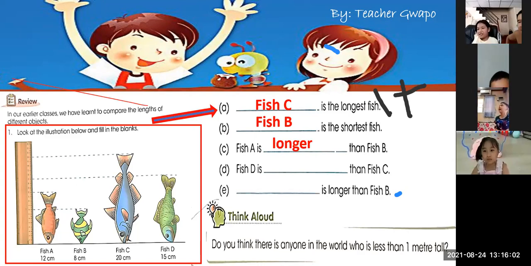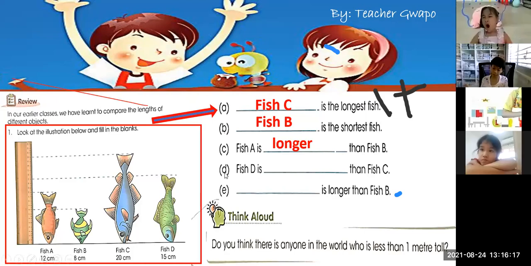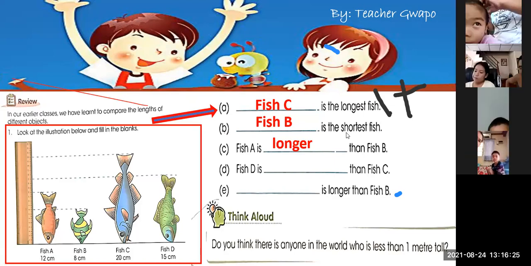Now letter D, from 2/3. Who is a student from 2/3 here? Nawa is here. Nawa, can you tell me your answer, letter D?